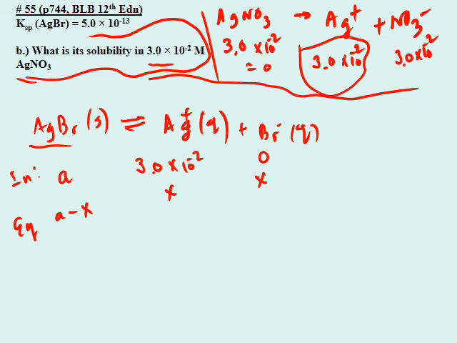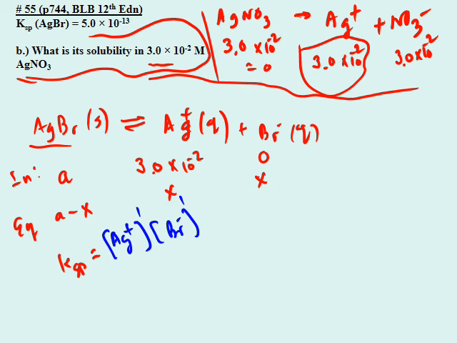Now I can set up the KSP expression. That's solubility product. It would be silver plus raised to the power 1, Br minus raised to the power 1, and both are aqueous.